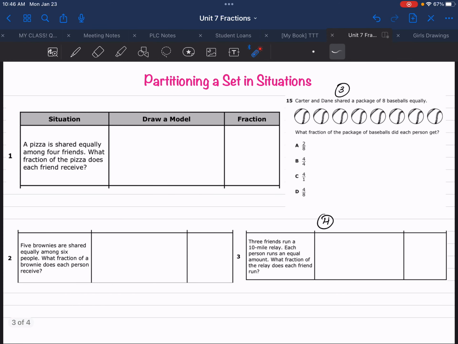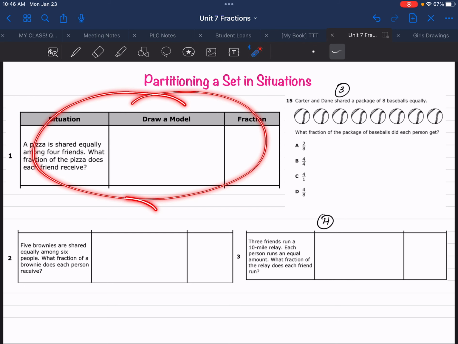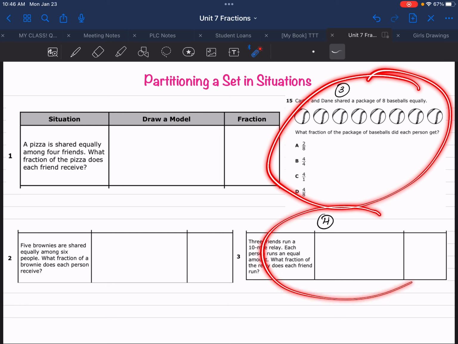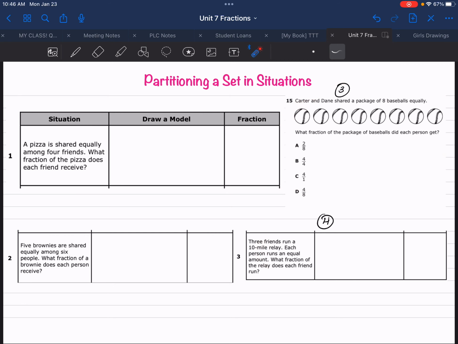Good job. Now we're going to practice partitioning a set in situations. So I'm going to give you a situation and then we're going to practice it. For these examples, I'm going to go over it with you, and then you're going to solve these by yourself in Sketches School. So wait till I tell you to go.